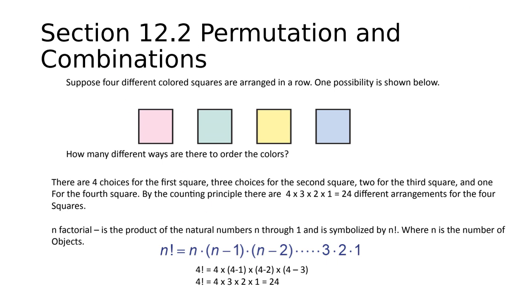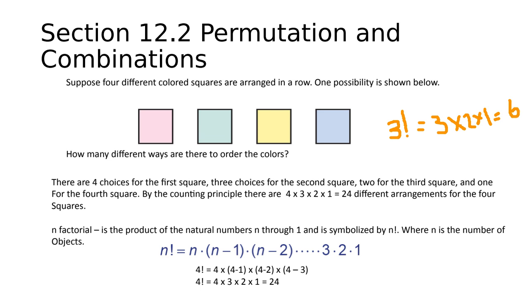So if you had something like, let me get the pencil. Let's say 3 factorial, then you would start with 3 and you would go all the way until you get to 1. So this would be equal to 6. Okay.